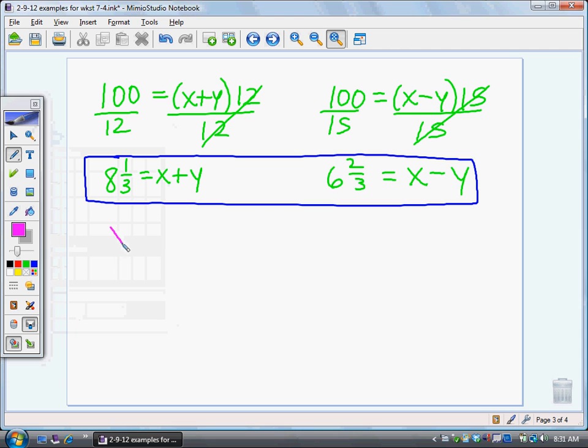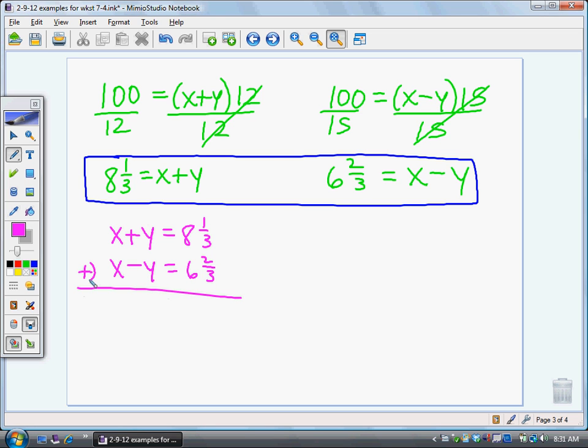Line up your two equations. x plus y equals 8 1/3. x minus y equals 6 2/3. Well, you'll just add these up, and you get that 2x is equal to 15. Therefore, x is 7 1/2.